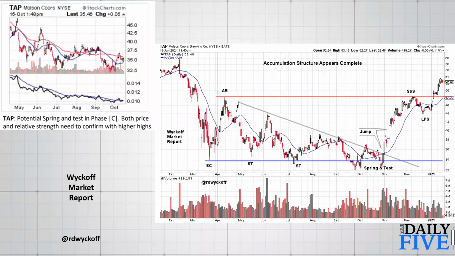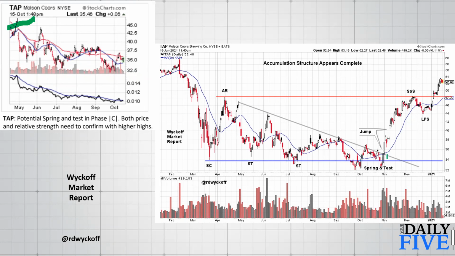Here is an interesting profiled stock, Molson Coors. At the time, this is October 15th when this one was profiled, so to speak, and you can see here that the stock was around $35.50 at the time. This is subsequently what happened.